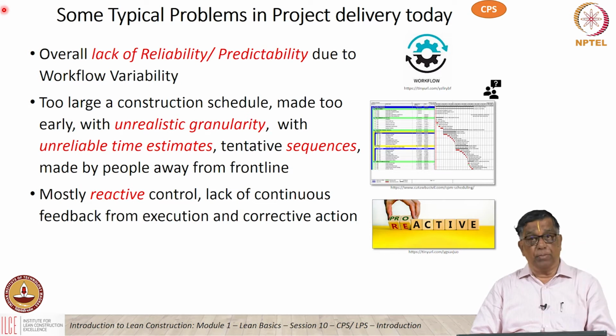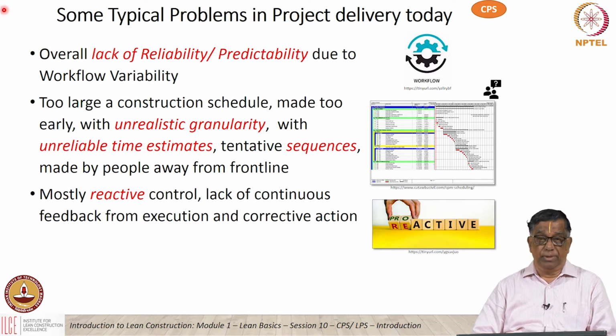Generally, people are operating with current Primavera, MS Projects, very large construction schedules, thousands of activities, but all made well before the project starts and by people who are sitting in the head office or regional office away from the actual reality of the project.